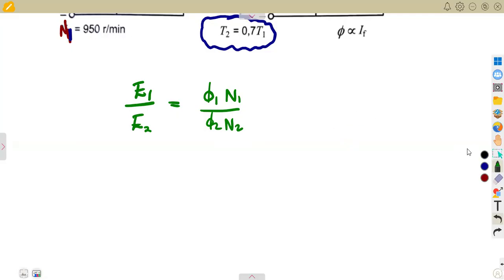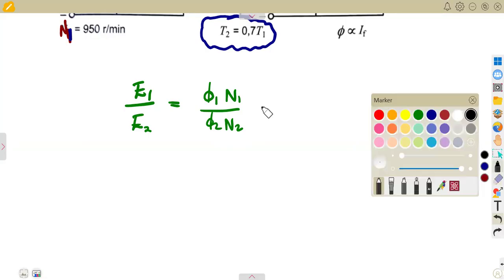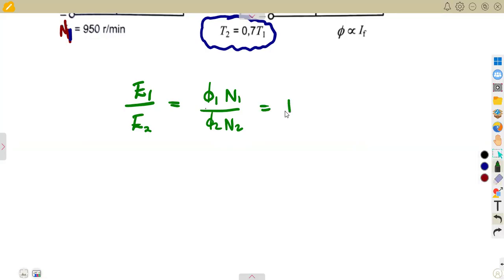On a condition that our flux is proportional to the field current, we end up with the field current with the constant, but the constant is the same. So we can replace the flux with the field current. Instead of this, we can use field current 1 times N1. The same thing, we can replace this with field current 2 times N2. It's one and the same thing.